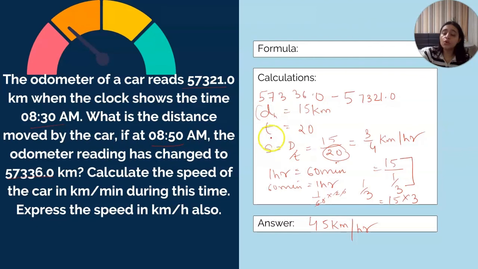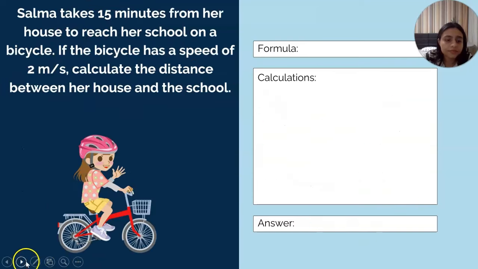So here we need to know the net time, the middle time. So we have subtracted here as well, and when we get the values of distance and time, we just put them in the speed formula, and we have calculated the speed in kilometers per hour. All right. So now we will see the next question.